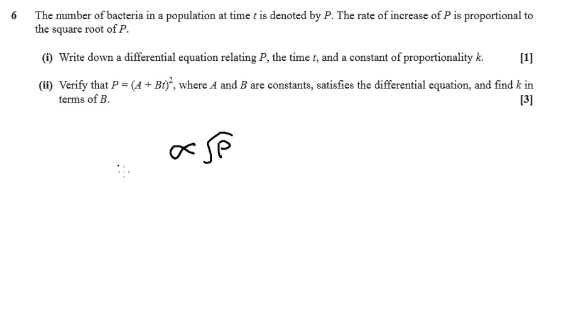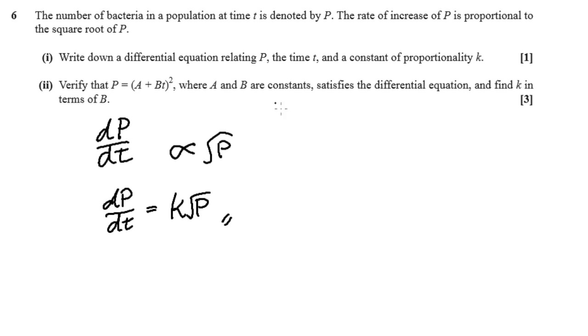Rate implies time derivative, so dp by dt is proportional to root p. With that in mind, if we turn it into an equation, which means we need an equals sign, will give me k root p. So that is 1 mark in your pocket.